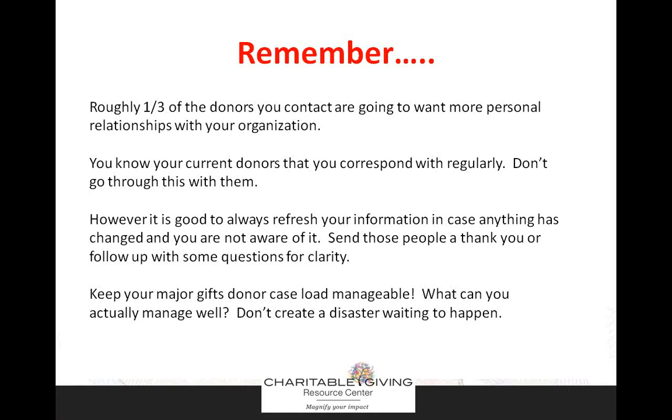Keep your major gift donor caseload manageable. Don't have every single day you have something you need to do. You might want to carve out what I would call gold time. If you use Outlook as a calendaring system, or maybe you have something with donor software, generally they have areas where you can color code. Set aside an hour or two a week that says, this is when I'm going to do all of my major gift contacts.